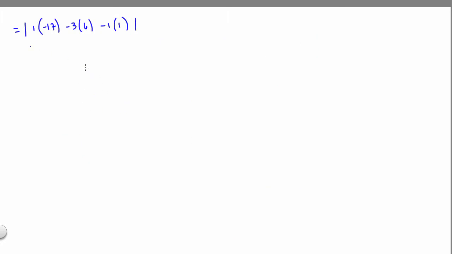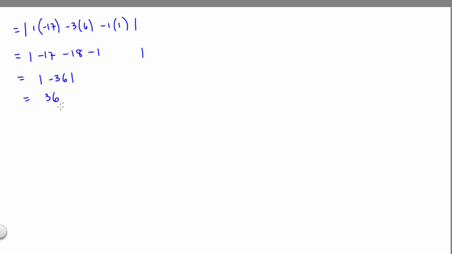So continuing our calculation, we've got the absolute value of negative 17 minus 18 minus 1. In other words, the absolute value of negative 36 gives us positive 36. So the volume of the slanted box determined by u, v, and w is 36.